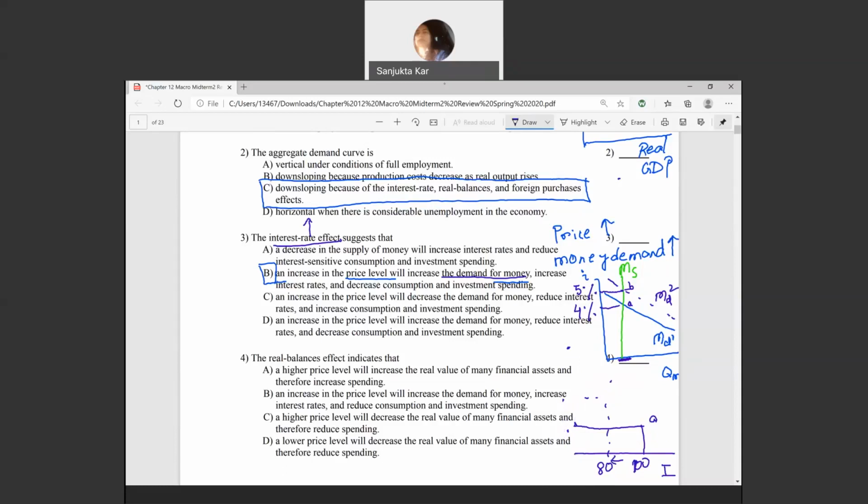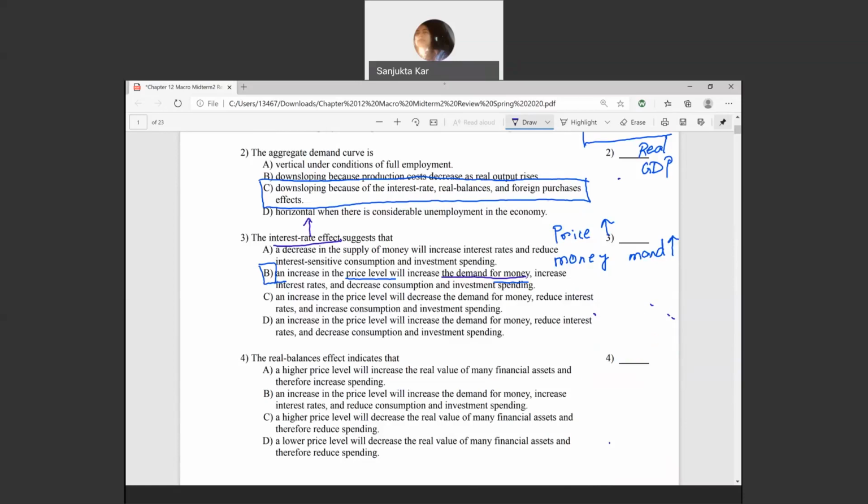So investment spending is going to go down. And who makes all this investment decision? Households or businesses? Businesses. And what do households do? When interest rates are going up, they are going to borrow less and consume less.